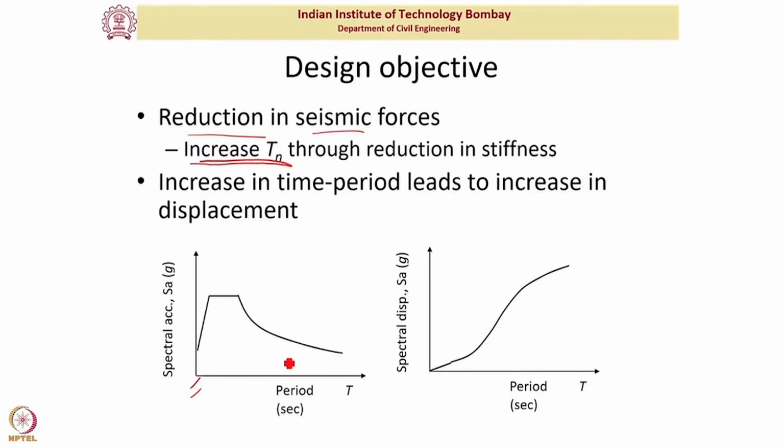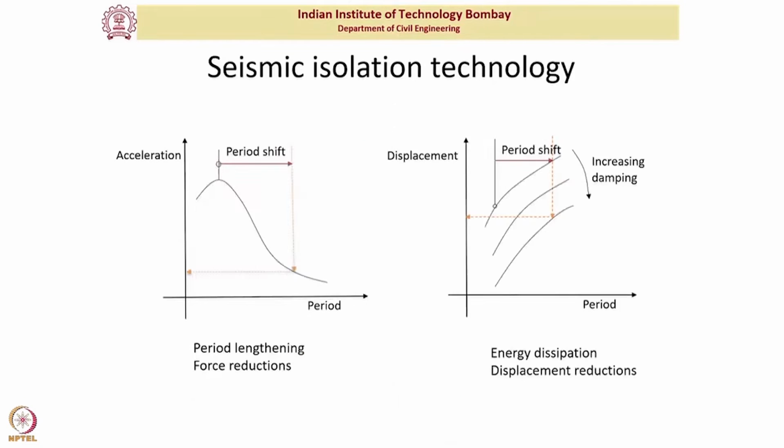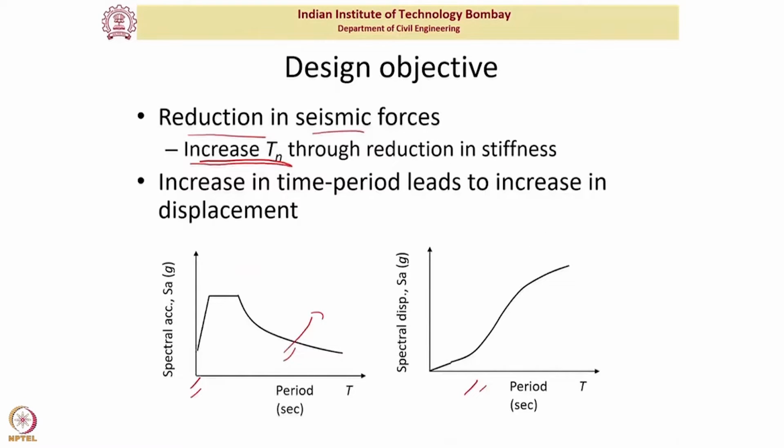For a typical acceleration response spectra like this, I have drawn a deformation response spectra on the right hand side. So what happens as you increase the time period and decrease the forces, what happens to the spectral displacement? Let us say initially I was here at T1, I increased the time period so that my forces decreased, and then at T2 I was here.